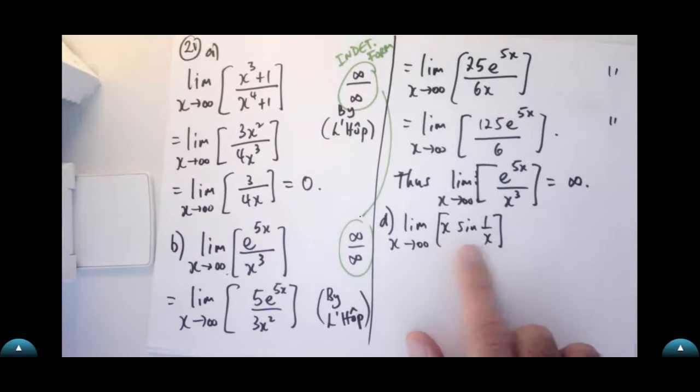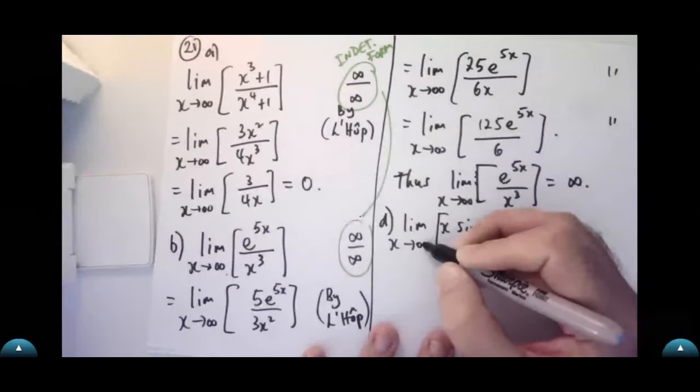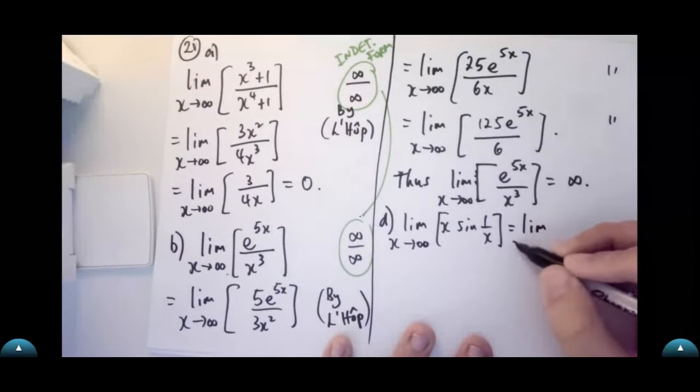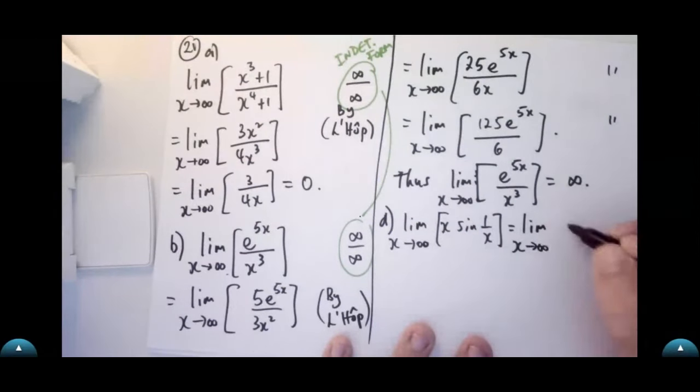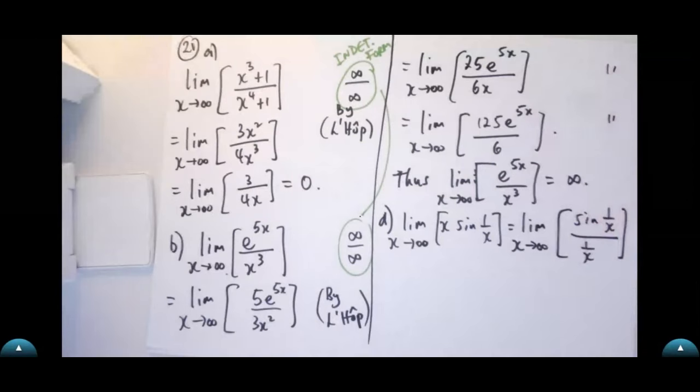We can make this into a quotient just by a little trick of algebra. So I'm bringing that x and I'm putting it down there. Oh my goodness, now it's a quotient.